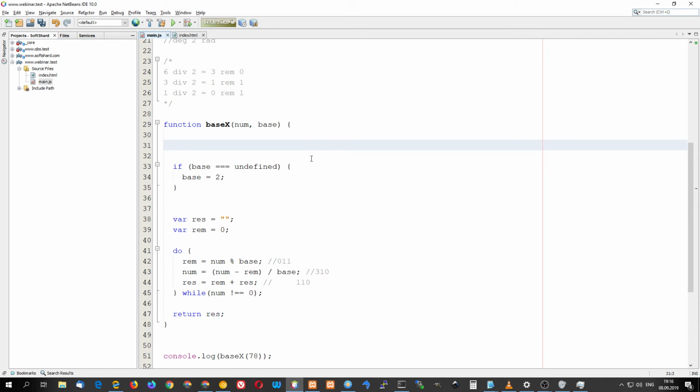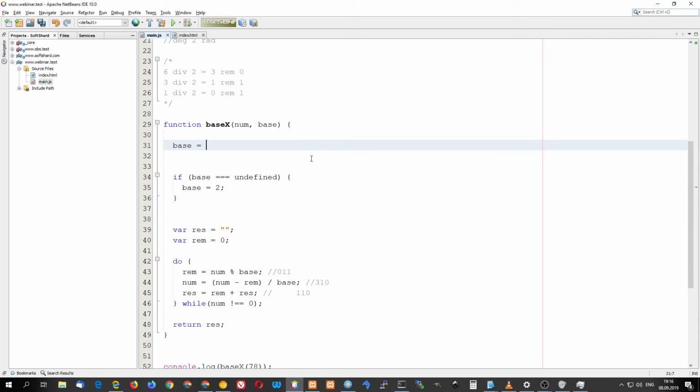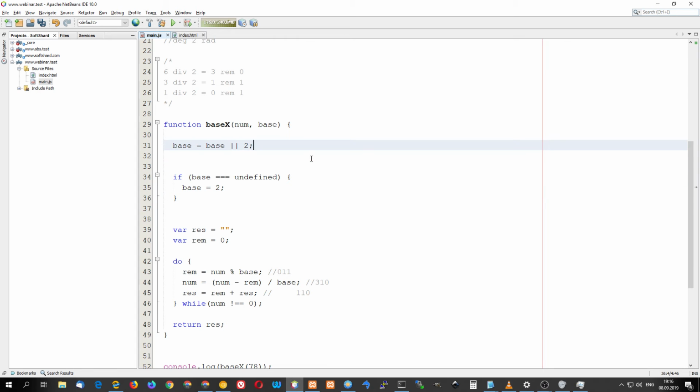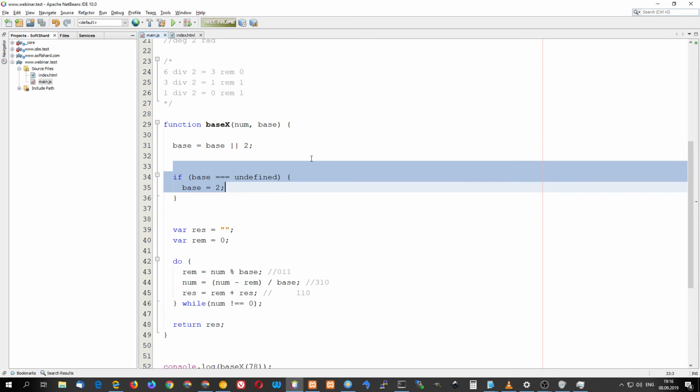It still works. Or we can do this. This is called a default. Actually, guard would be this one, and this is called default. How does this work?